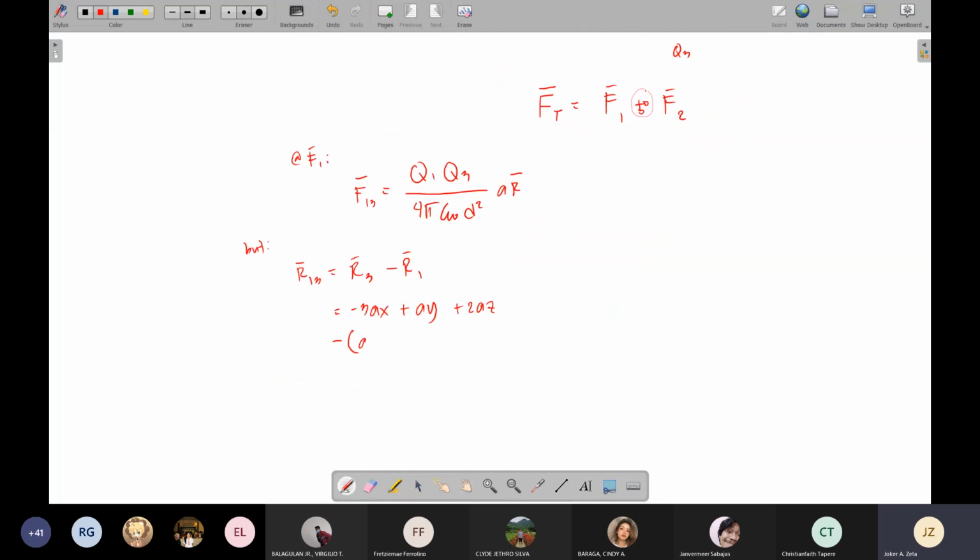So, you will have ax plus 2ay plus 3az. Okay? Therefore, the vector 1 to 3 would be negative 3ax minus ax, so negative 4ax. Then ay minus 2ay, this will be negative ay. And 2az minus 3az, this would be negative az. Okay? Also, the magnitude of the vector 1 to 3 will be the square root of 4 squared plus 1 squared plus 1 squared.